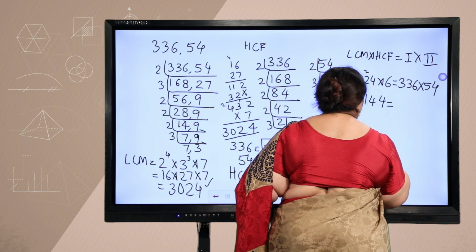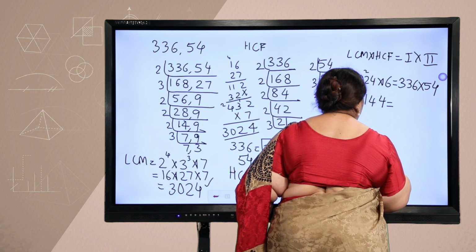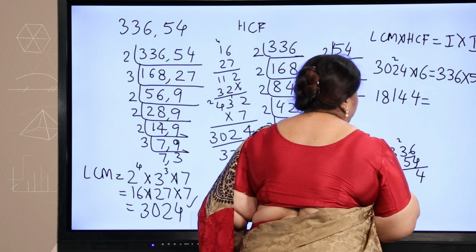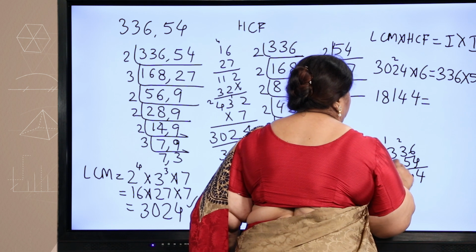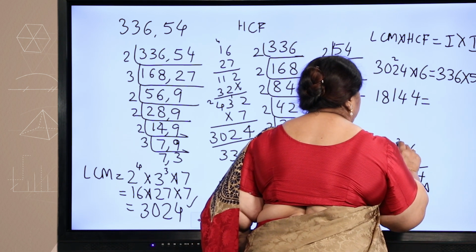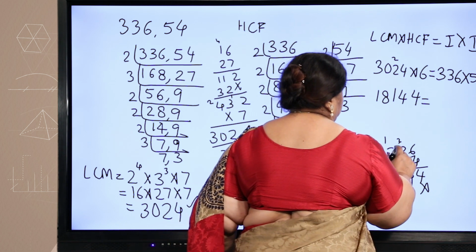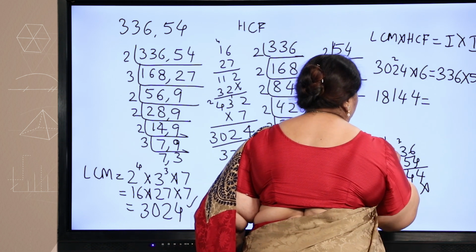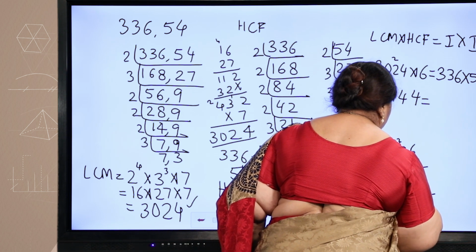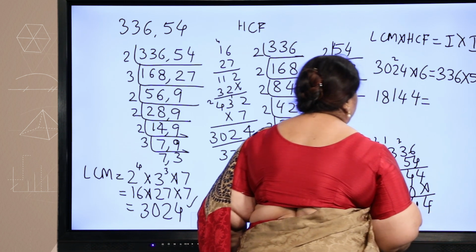Let us multiply 336 with 54. 6 4s are 24, 2 carry, 12 plus 2 14, 12 plus 1 13, 6 5s are 30, 18, 19, 20, 21, 2 carry and 17.